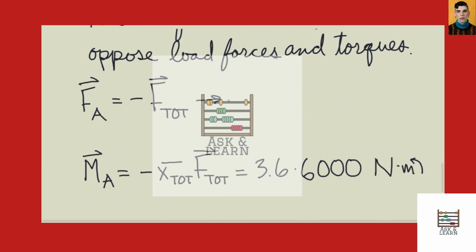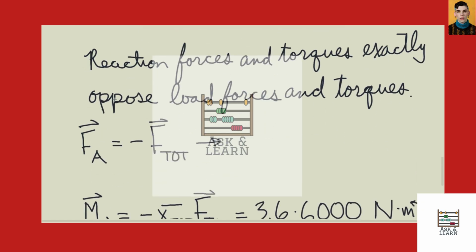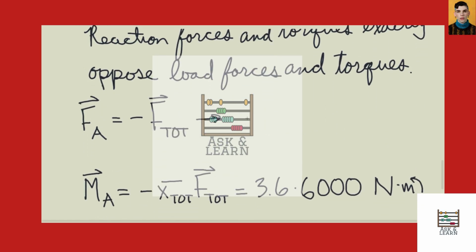So that makes figuring out the reaction forces at the supports fairly easy, since we already know our total load forces, and we know that our reaction forces have to exactly oppose them.